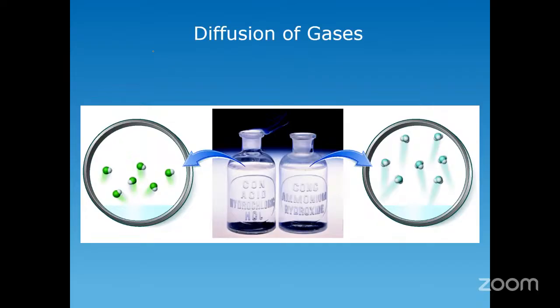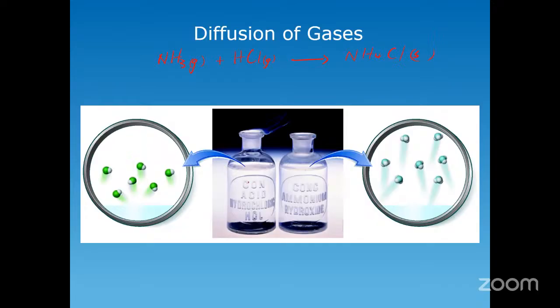Now, these two gases will undergo a reaction where ammonia will react with HCl to form a solid, which is ammonium chloride. So two gases will come together to form a solid.